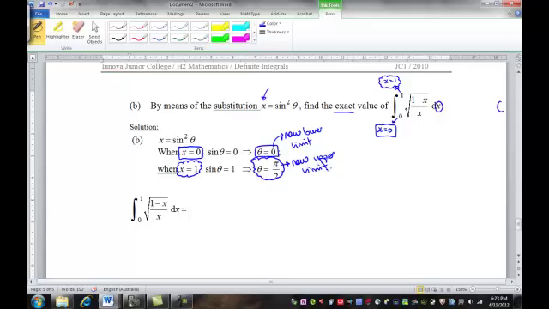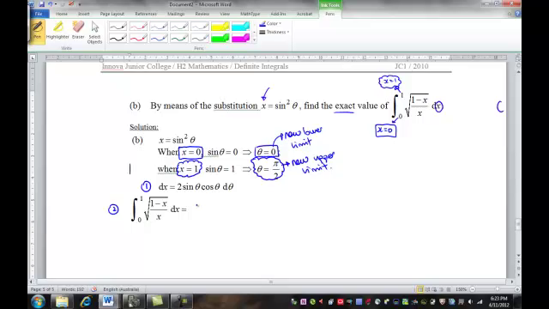Clear? Alright. What follows? You follow the exact same steps as we have done for integration problems involving substitution, where step 1 involves differentiating your substitution. So dx will be equal to 2 sine theta cosine theta d theta. Step 2, you will put in all the variables.